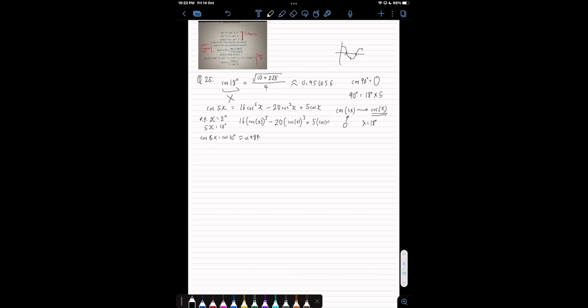Tell me what value you get. I get the same thing basically. Very good. 0.98480775. So that means the formula is correct.